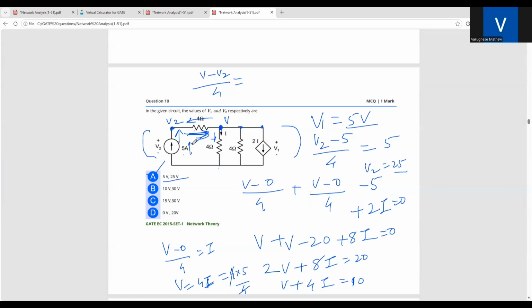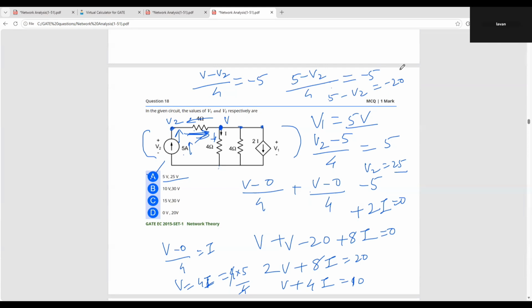This current is minus 5. So then I'll do like this: 5 minus V2 by 4 is minus 5. 5 minus V2 is equal to minus 20. So V2 is 5 plus 20, 25.